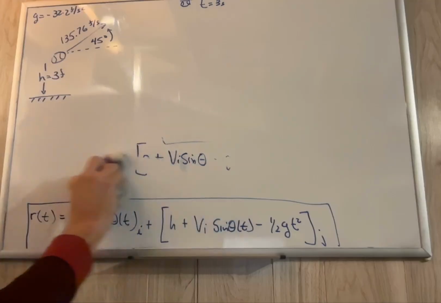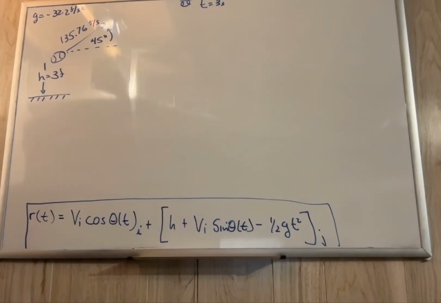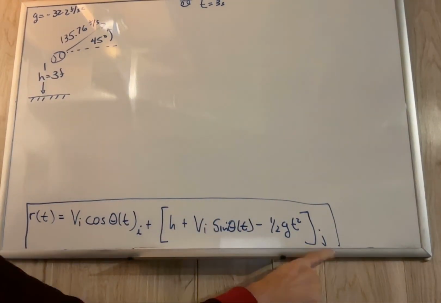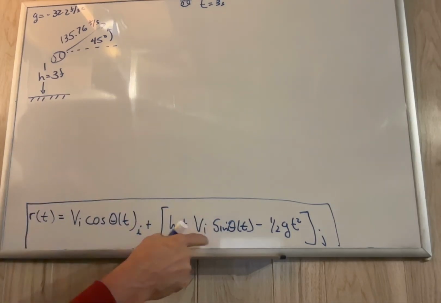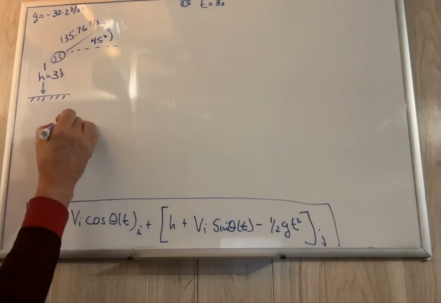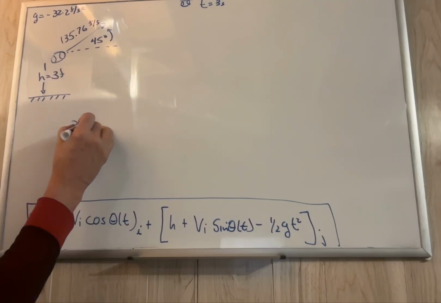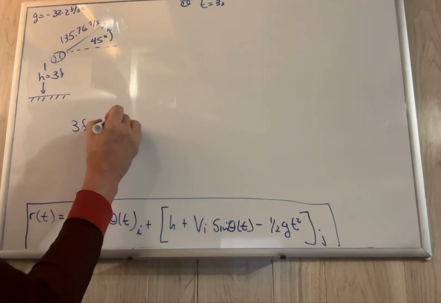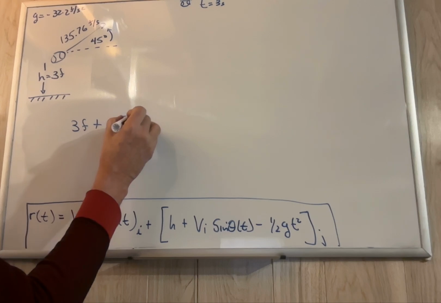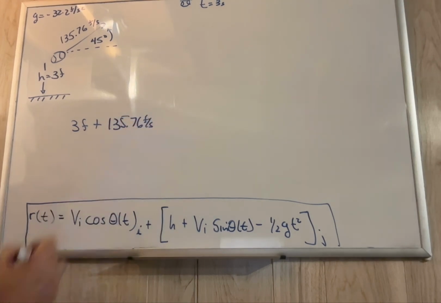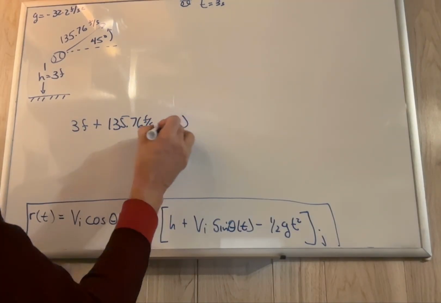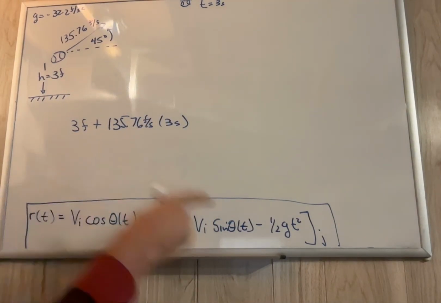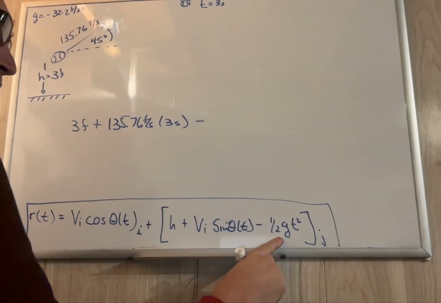To know how high it is, we can just plug that back into our equation here. We can put 3 back into our j direction to tell us how high the ball is. So let's put our 3 seconds in here. We have h is 3 feet, plus velocity initial 135.76 feet per second times 3 seconds, minus 1/2 g.